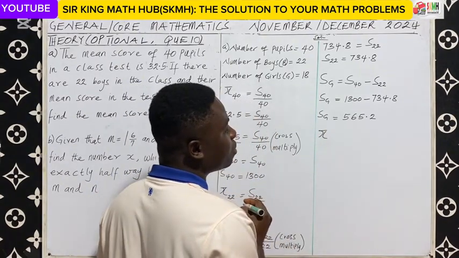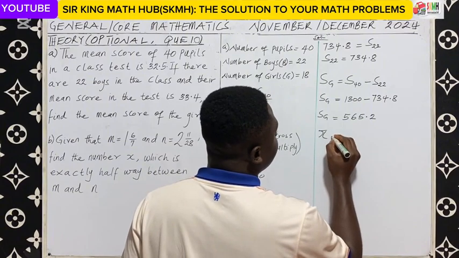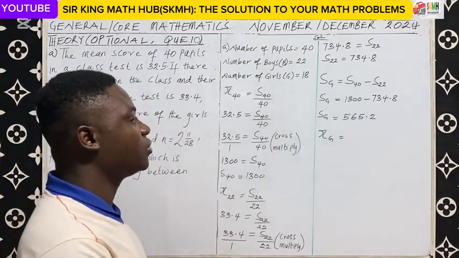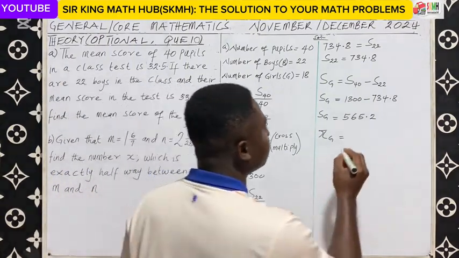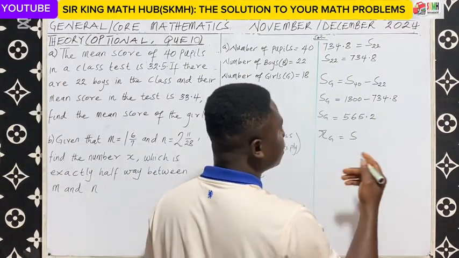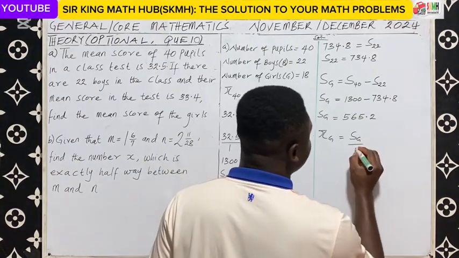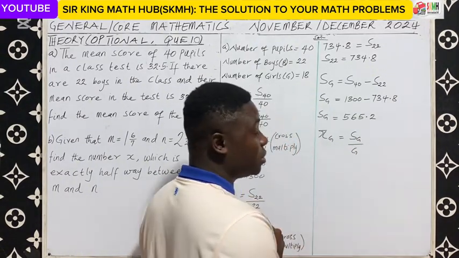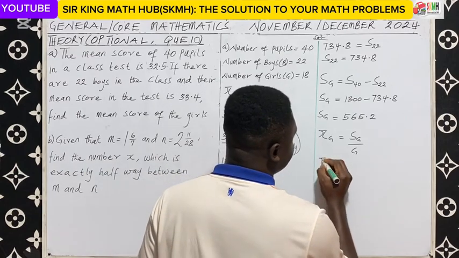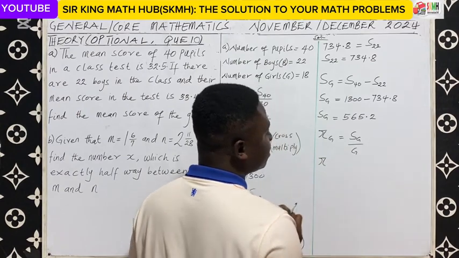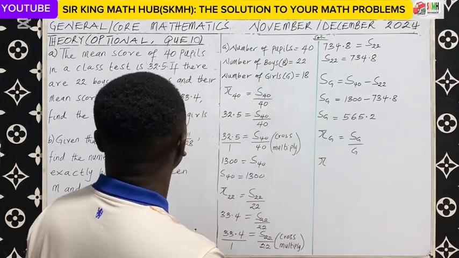So the mean score of the girls is equal to the sum of the individual scores of the girls divided by the total number of girls in the class. So how many girls are there in the class?